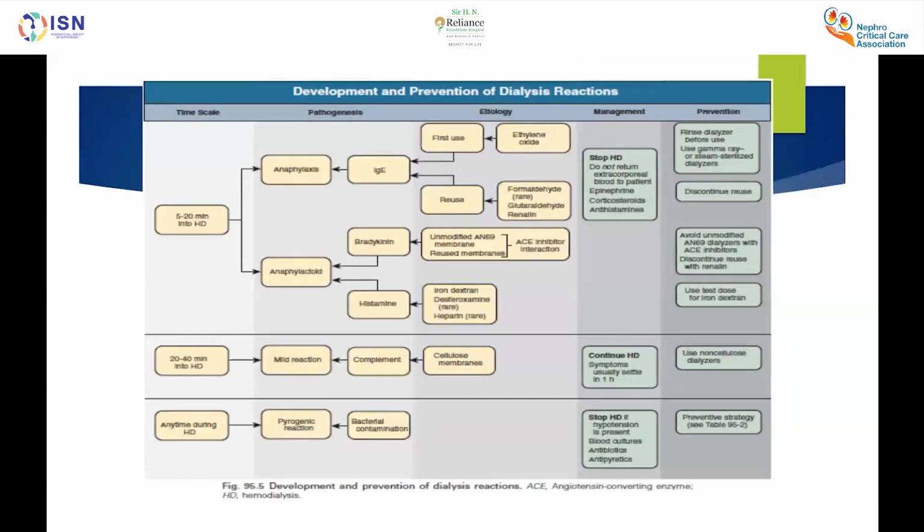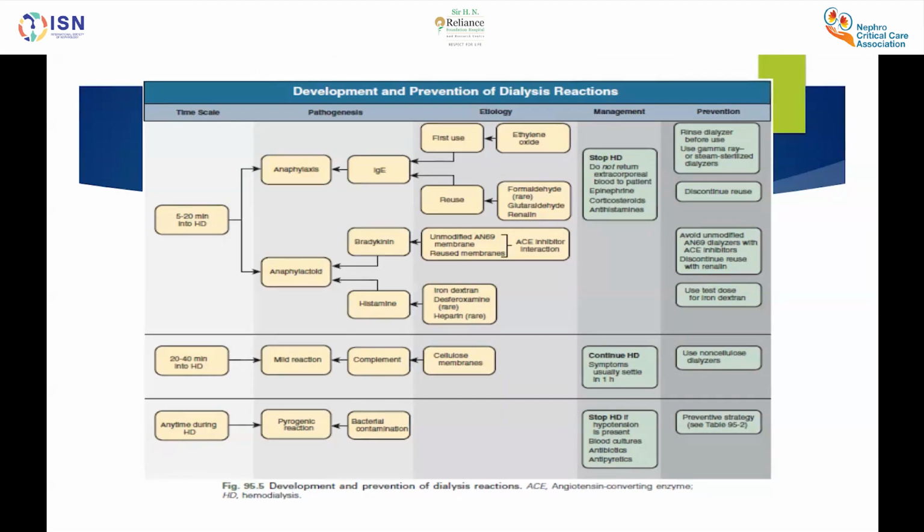So this is a time scale along with this table that shows the pathogenesis, what could be the etiology, and how do you manage and prevent it. So dialyzer reaction could start within 5 to 10 minutes of starting the dialysis. It could be an anaphylaxis kind of reaction, which is IgE mediated. Could happen with the first use of the dialyzer or with reuse.